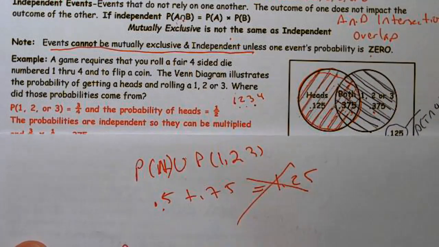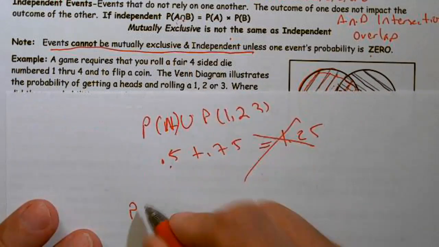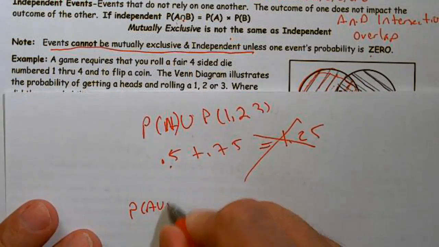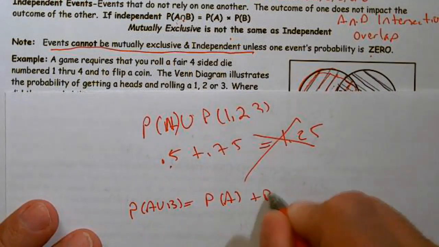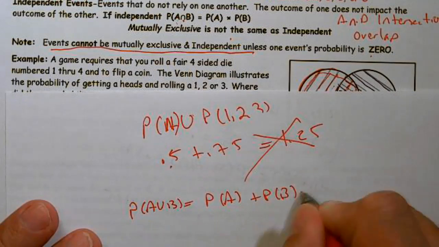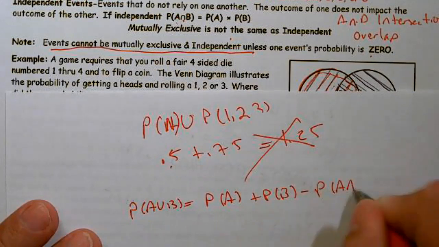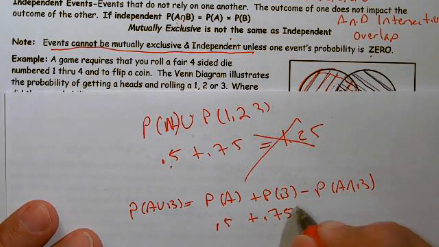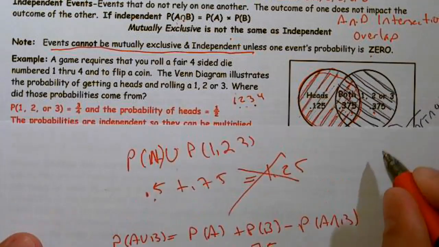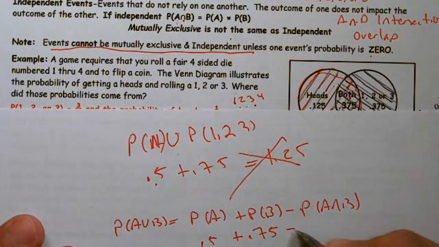So we want the probability of A union B equals the probability of A plus the probability of B minus the probability of A and B. Well, the probability of a heads was 0.5. The probability of a 1, 2, or 3 is 0.75. Then I subtract out the intersection, which was 0.375.